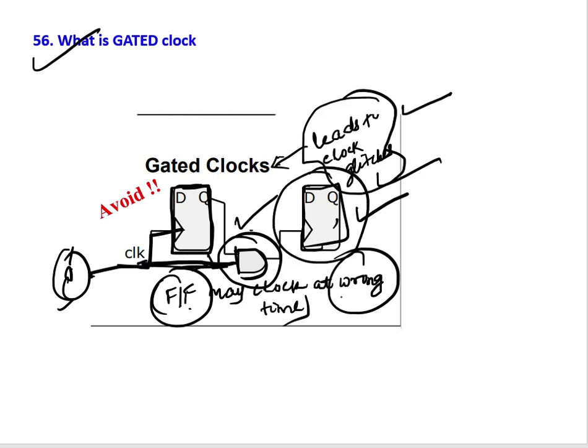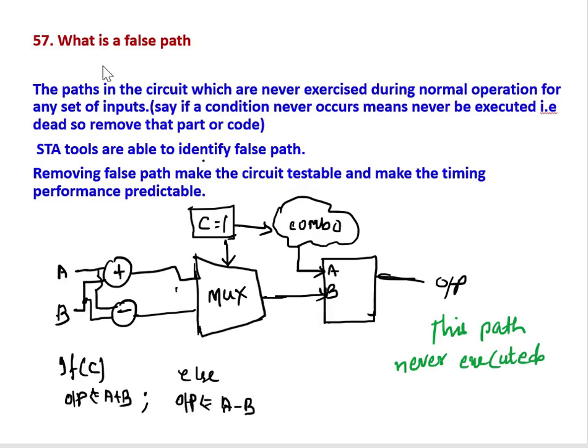Next is, what is a false path? A false path is a path in the circuit which is never exercised or never executed during normal operation for any set of inputs. If a condition never occurs, that means it is completely dead, so we have to remove such a part or such code.